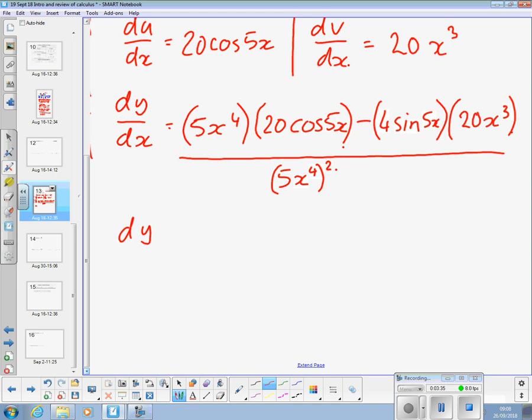dy by dx. Look at any kind of simplification here. First of all, that denominator. How can we simplify that denominator? That's 5x to the 4, all raised to the power of 2, isn't it?